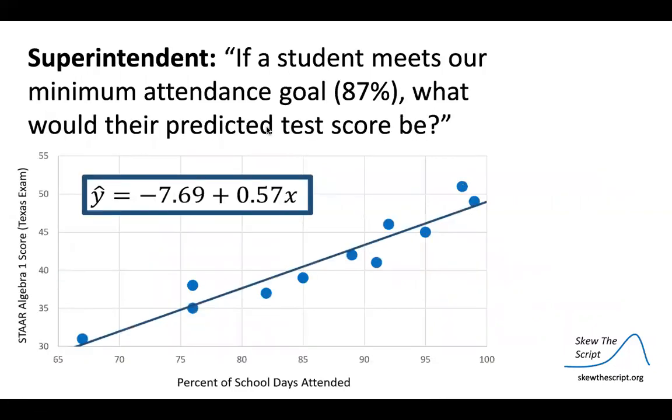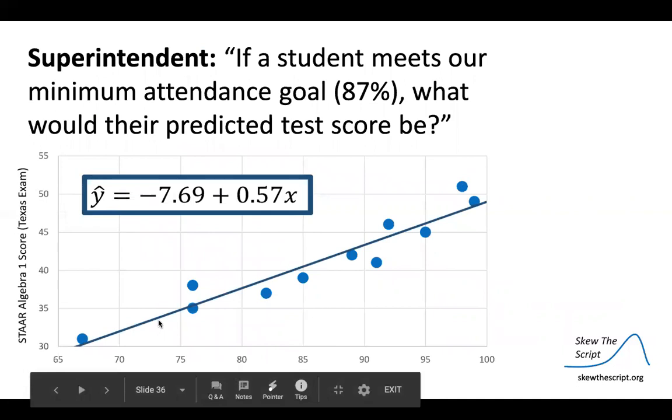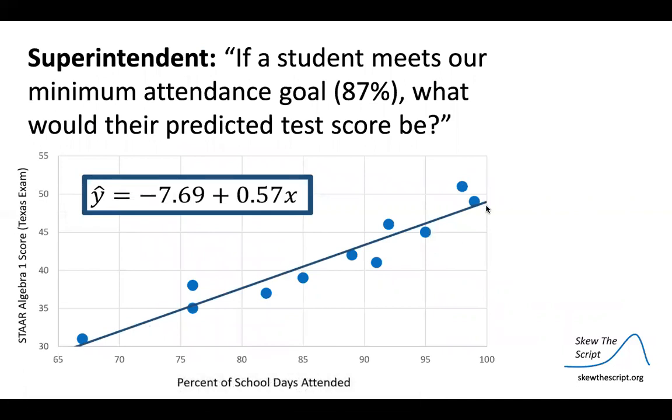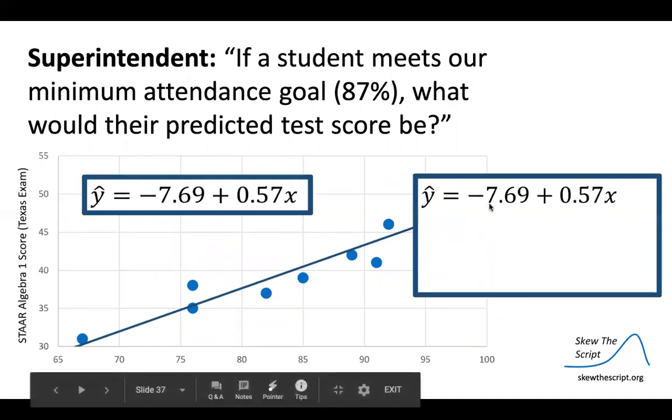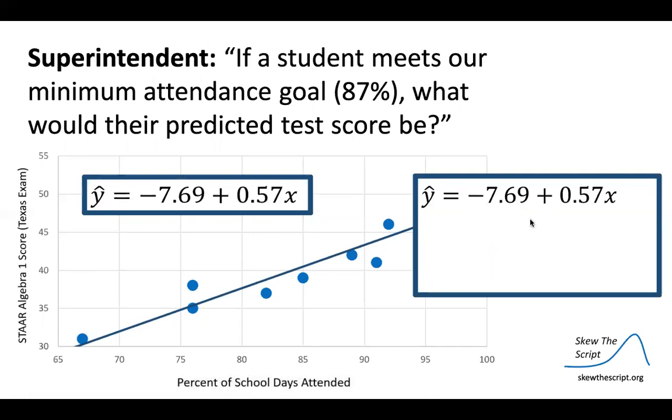All right, so let's go back to that superintendent's question. We're looking for 87% attendance. Here's my graph with the regression line on it. That's the line of best fit. Let's go ahead and see what happens. Here's my equation. I just rewrote it. Y hat equals negative 7.69 plus 0.57x.